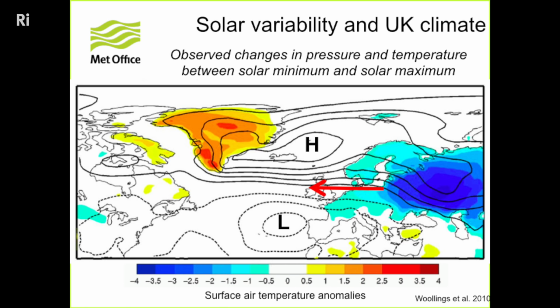A very characteristic pattern of very cold over Europe, warm over Greenland, higher pressure than normal to the north, lower to the south, and easterly flow. But why? How do we understand that? And is it really to do with the sun? Or was there something else going on in the climate system at the same time that's just happened to give us that pattern?